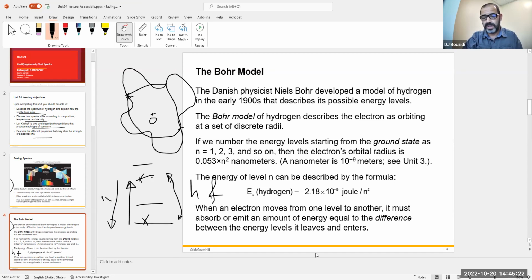Light is absorbed in the first case by the atom to go from a ground state to a higher state. I drew a picture between, let's say, the ground state and the second energy level. It could be between the ground and the first, or between the ground and the third, or between the first and the third, or the first and the second, both up and down.